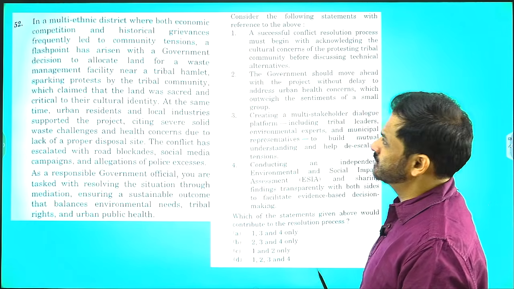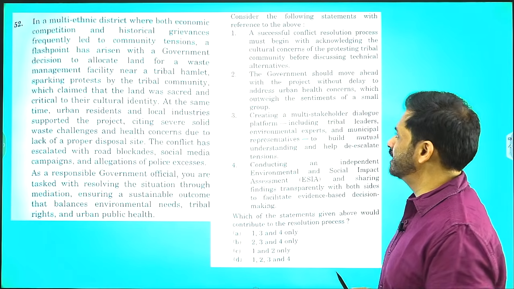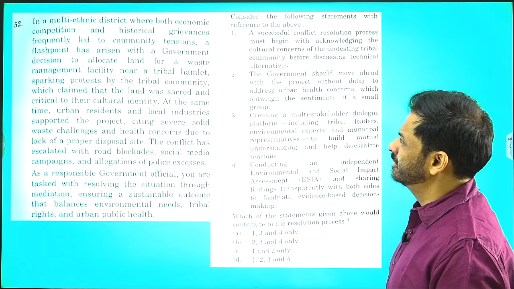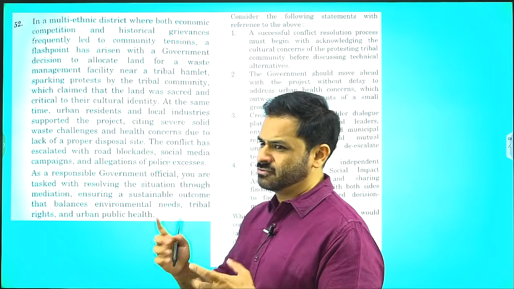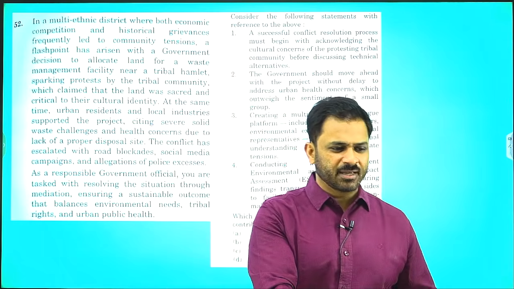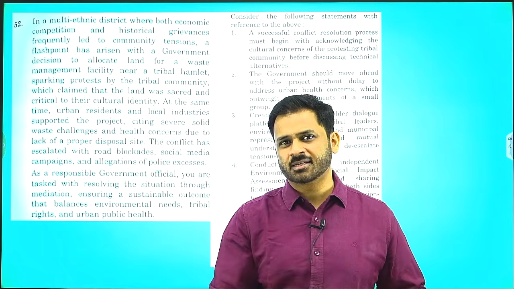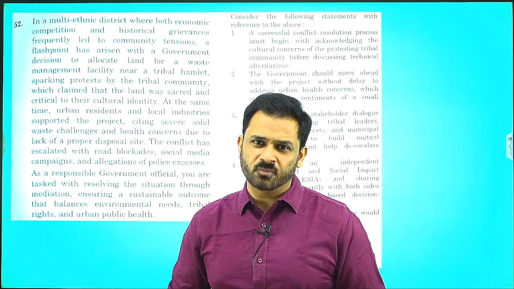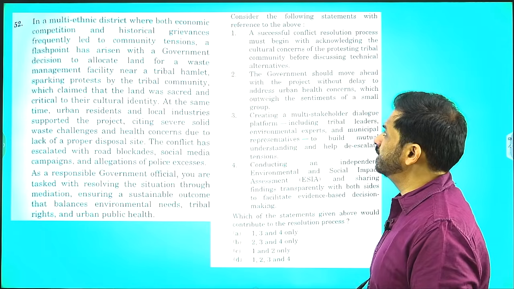Next one is again a type of case study question. This also you can easily answer. It is about a conflict of interest between a tribal community and a waste management project which has to come, and the land has to be allocated. So the conflict has to be resolved.